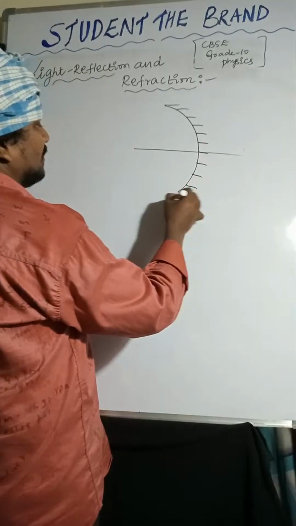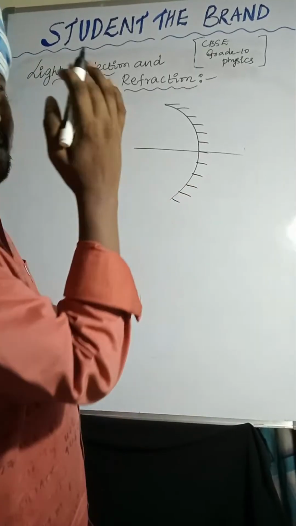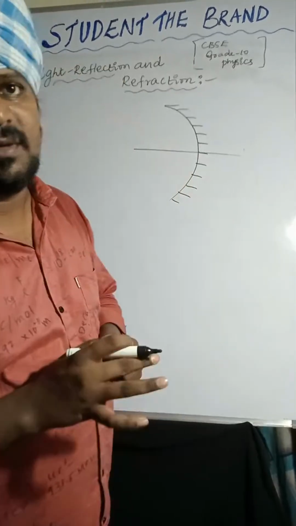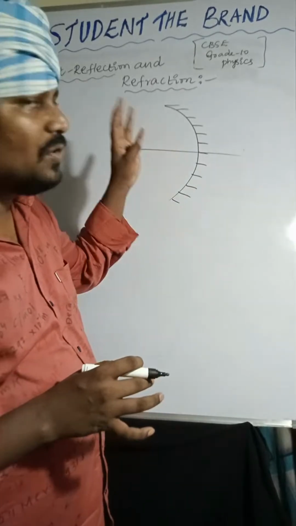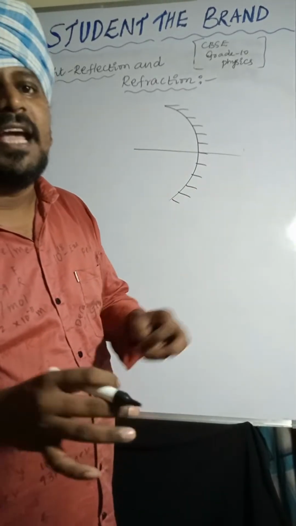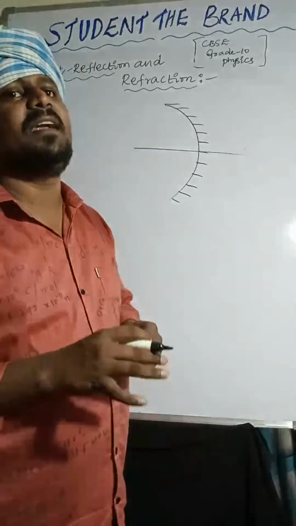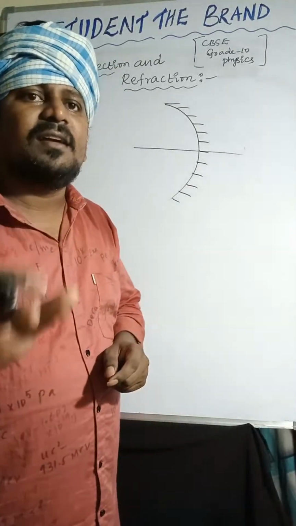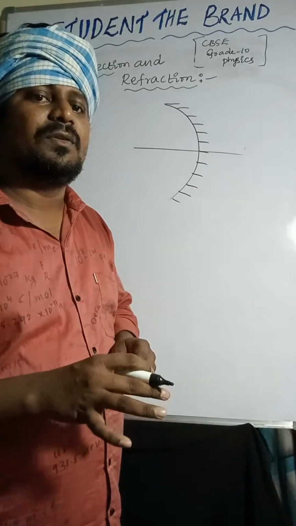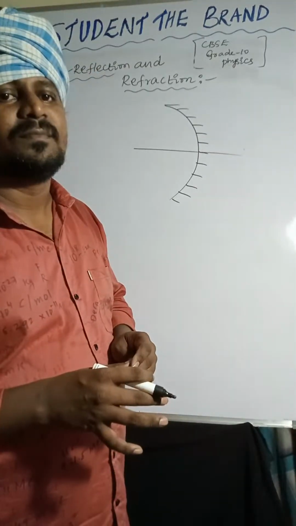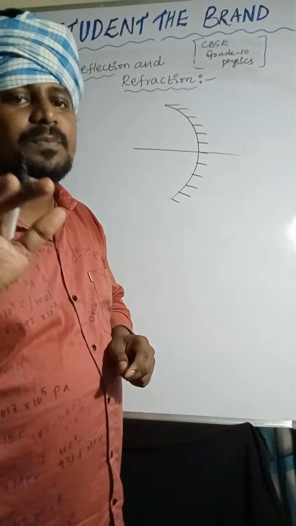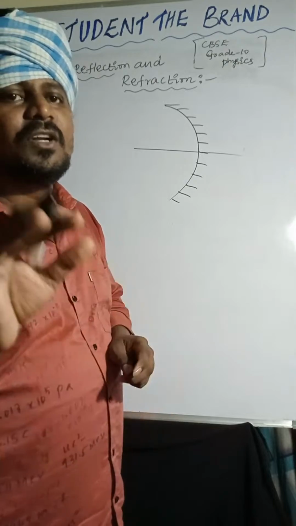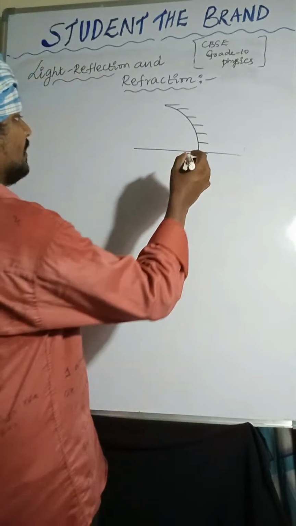Right? This is called a spherical mirror, especially a concave mirror. Based on reflection of light, spherical mirrors are divided into two types, right?